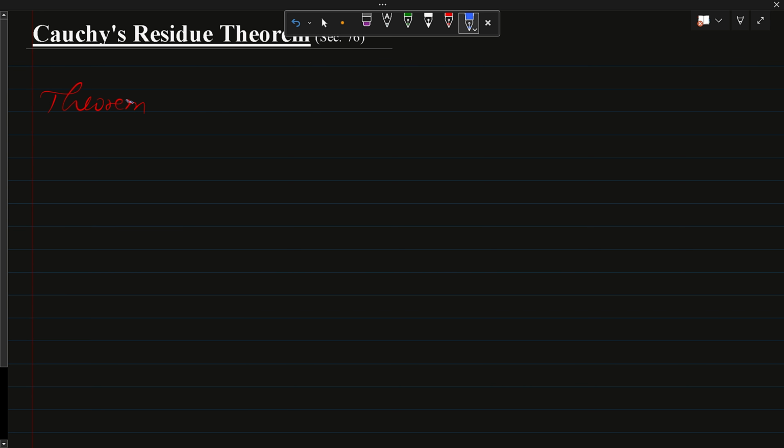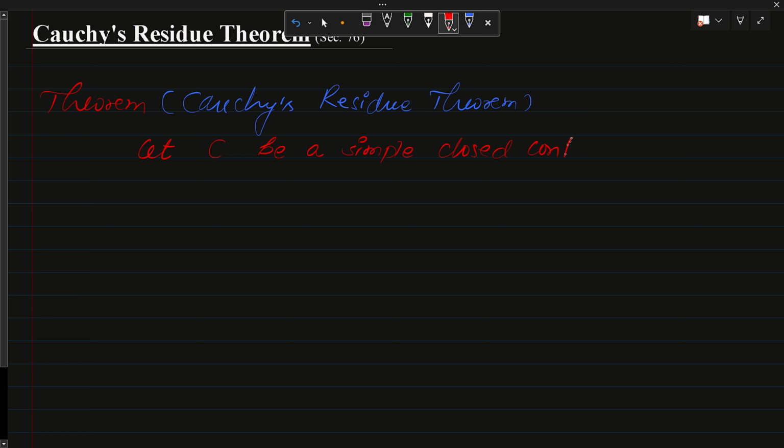Okay, this theorem is Cauchy's residue theorem. It says: let C be a simple closed contour described in the positive sense.